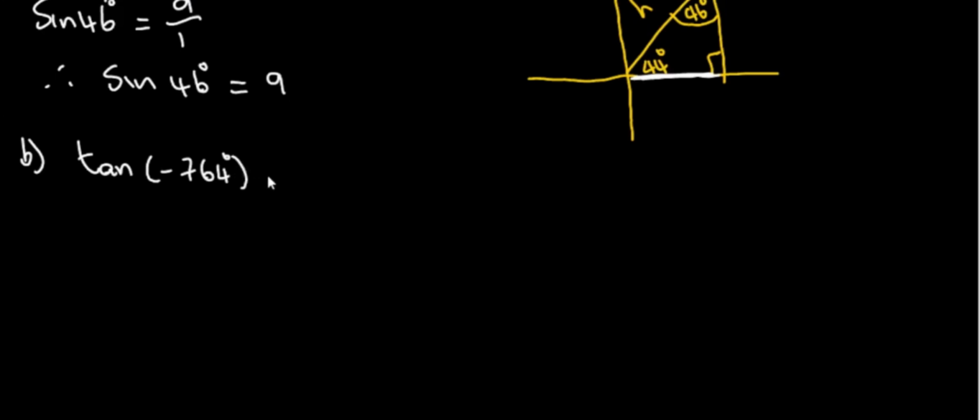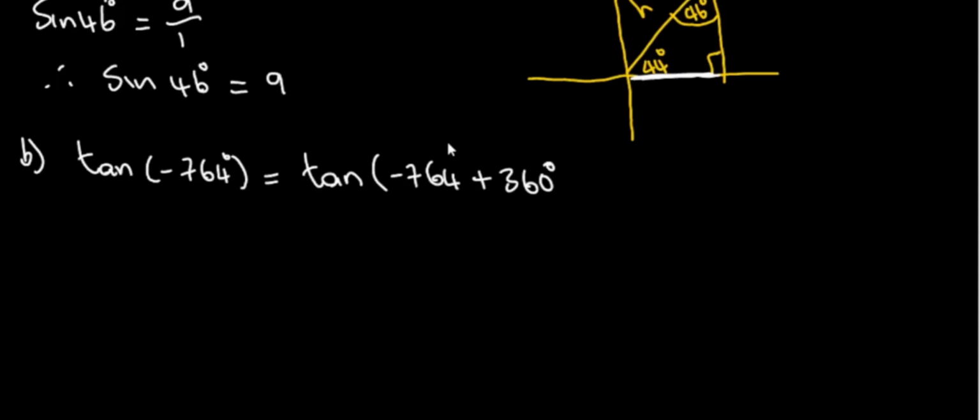When I have something like this, you know what I'm going to do? I'm going to say this is the same as the tan of, I'm going to take that negative 764. We add 360, because when you add 360, let's see what we get. You can see that whatever you get is still a negative angle.